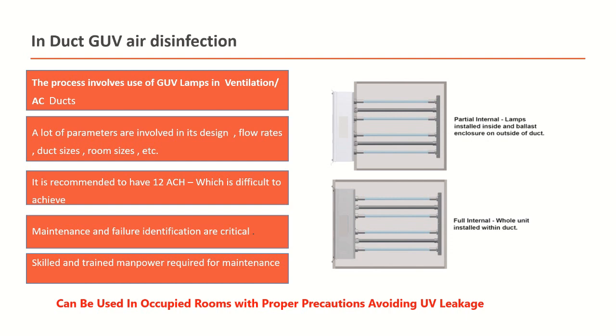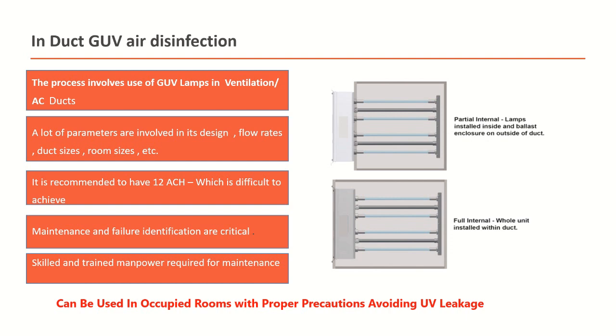There is the amount of lamps required for a particular volume and flow rate of air. It has been found that with this method, you normally get around 2 to 3 ACH or air changes per hour. But it is generally recommended to have a minimum of 8 to 12 ACH to have proper disinfection in an occupied room.